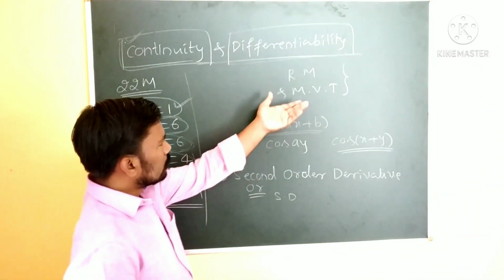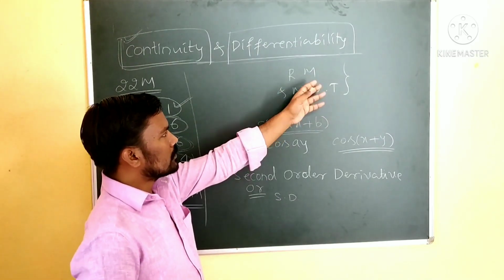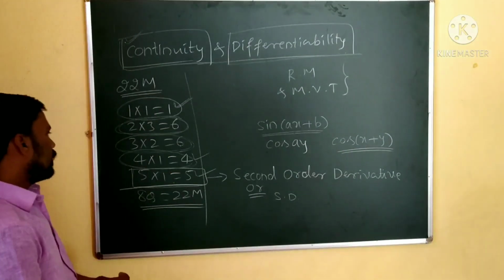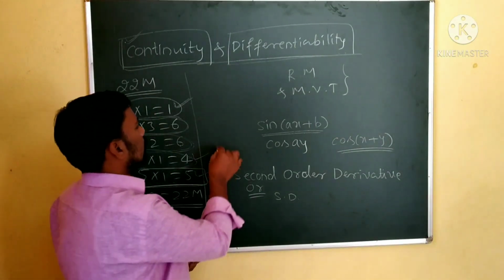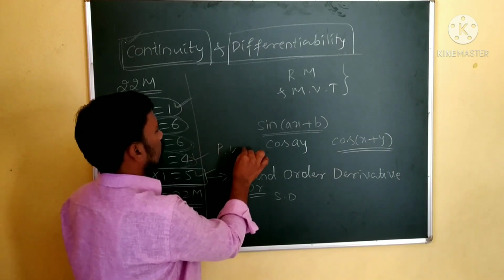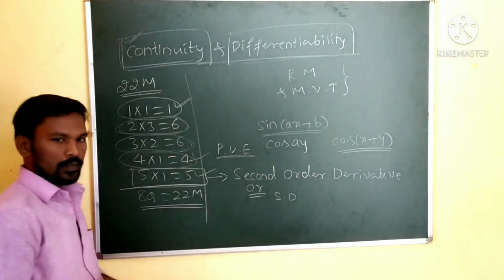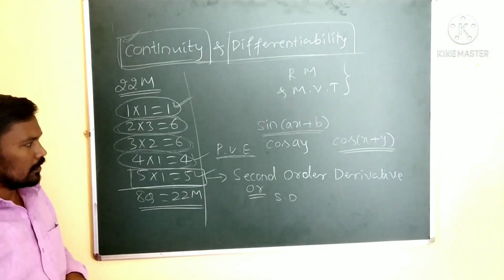Because Rolle's theorem and mean value theorem are deleted. In addition, the PUE, Pre-University Education Board, has released two model question papers according to the reduced syllabus.